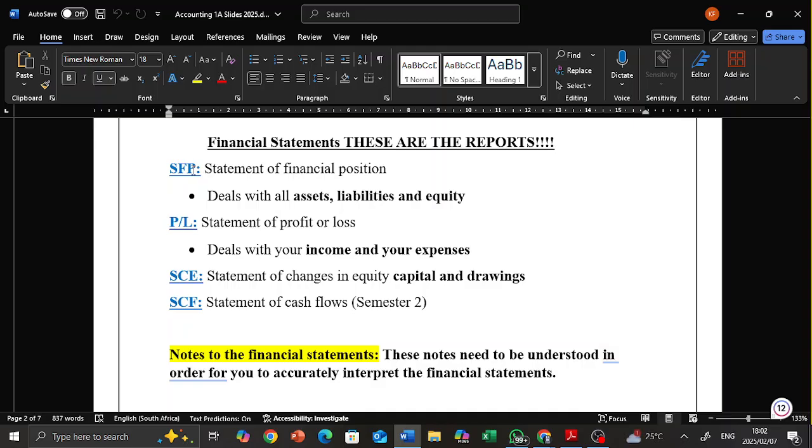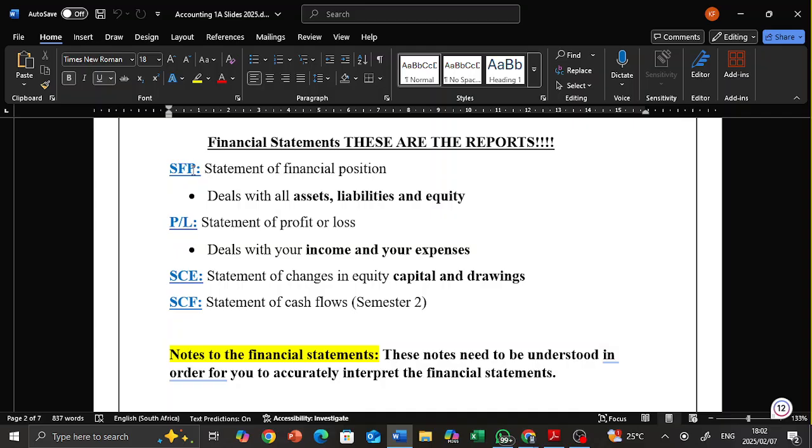So, for the purchase of machinery, we're going to debit the machinery because we are increasing our assets, right? Machine is an asset. And then we are going to credit bank. We will credit bank. That is if we buy the machinery for cash, right? That is when we'll credit bank.